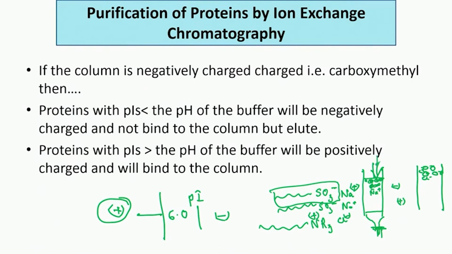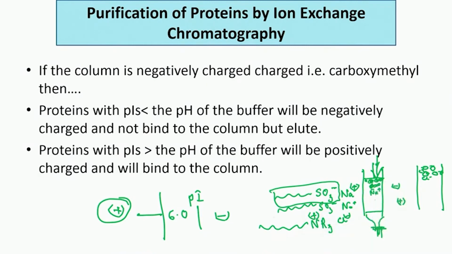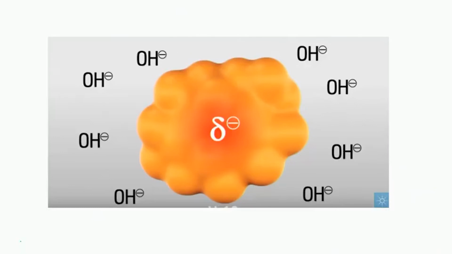You slowly increase the pH of the eluent. If you increase the pH, different proteins will have different charge densities, so their interaction with the bead will be different. Some proteins will be stripped off from the solid resins and will come out faster than the others. I think the next few slides will clear up what I am saying.